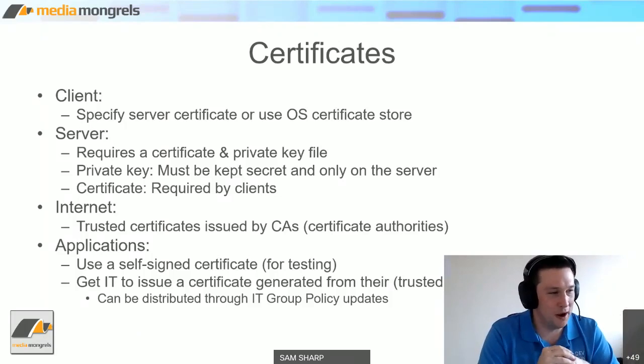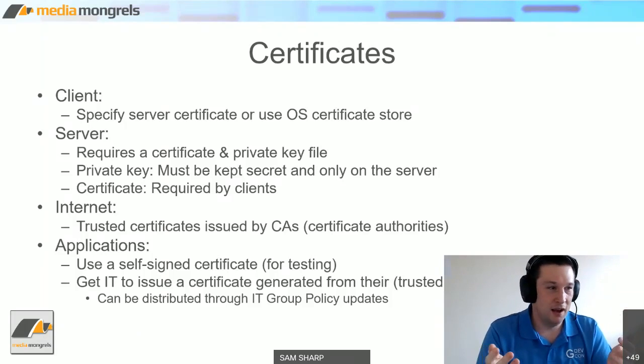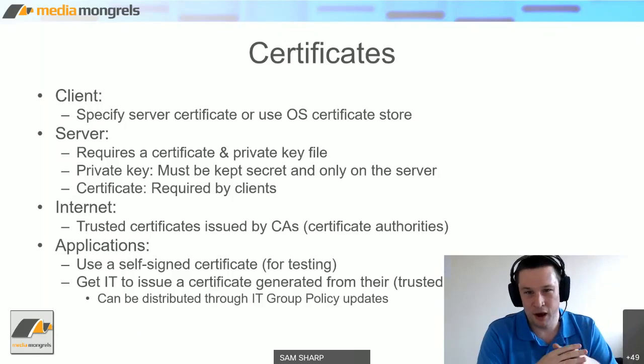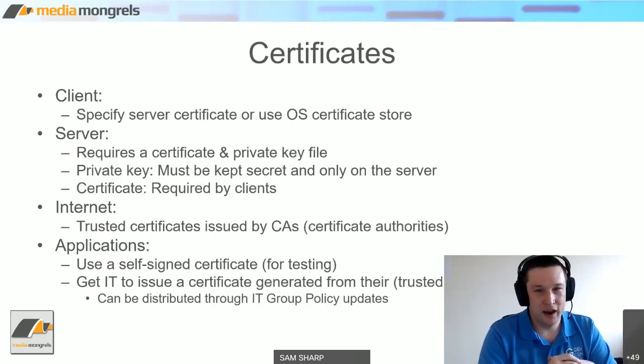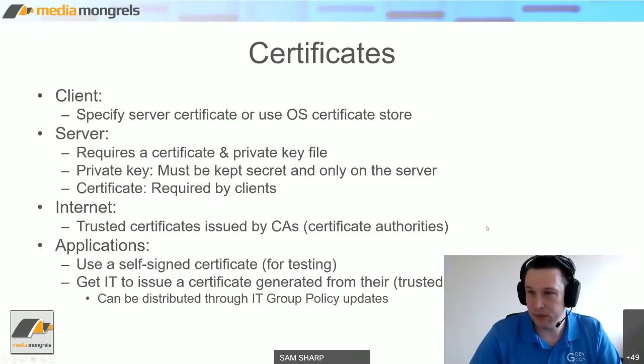But I'm not sure, if you were going to deliver an application to a customer, how you would provide them with certificates. I know it's a big no-no to give them a certificate and have your private key embedded in the application. But I'd be interested if anyone has any thoughts on that. Maybe we can discuss at the end.